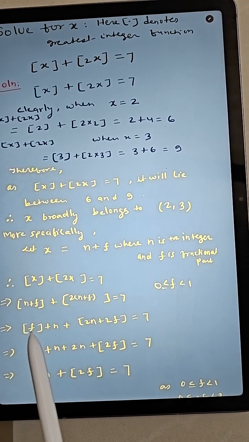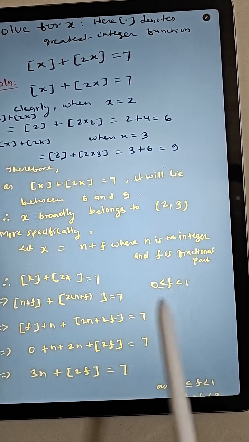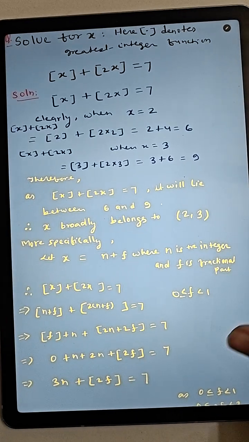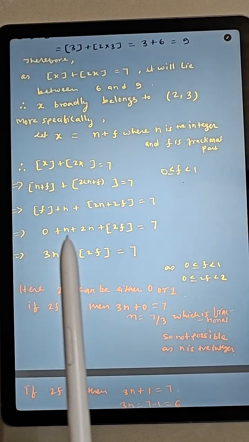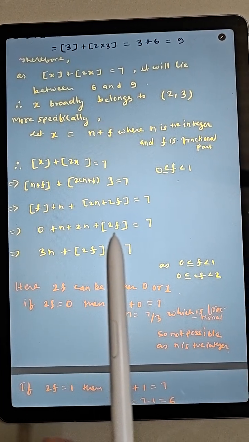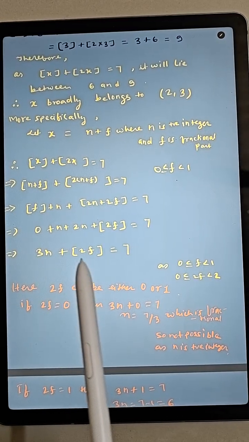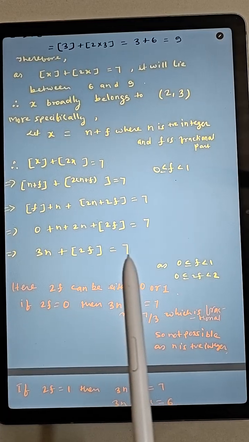Now this point I have written as 0, because the fractional part is between 0 and 1, so its greatest integer value will be 0. So we are getting 0 plus n plus 2n plus greatest integer function of 2f equal to 7. This will give you 3n plus greatest integer function of 2f equal to 7.